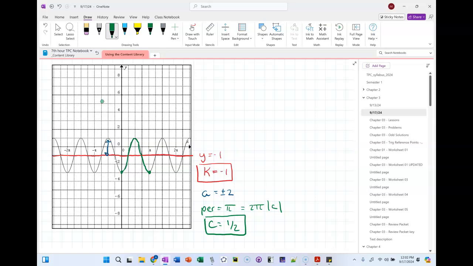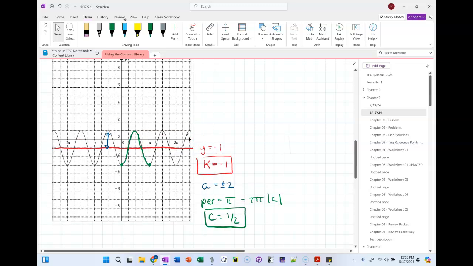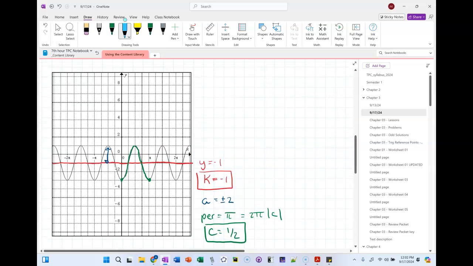So if this is a cosine equation, what can we say? Which extrema would we pick? I picked this one, right? What's the advantage of picking that one? As long as the x value is 0, right?